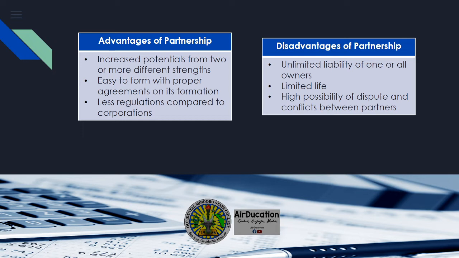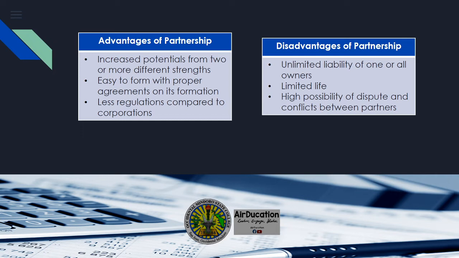Apparently, if there is an agreement written that in case the business incurred losses, debts, all of the members shall pay for that, so it's up to the partners. Again, that's why it is referred to as one or all owners could obtain unlimited liability.